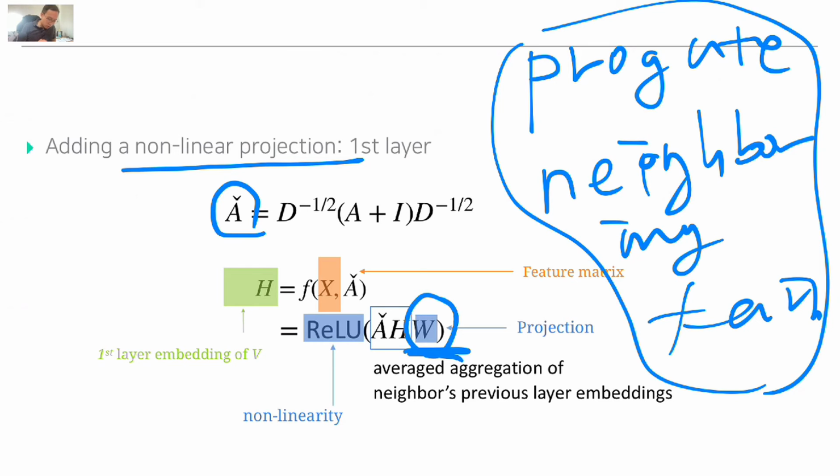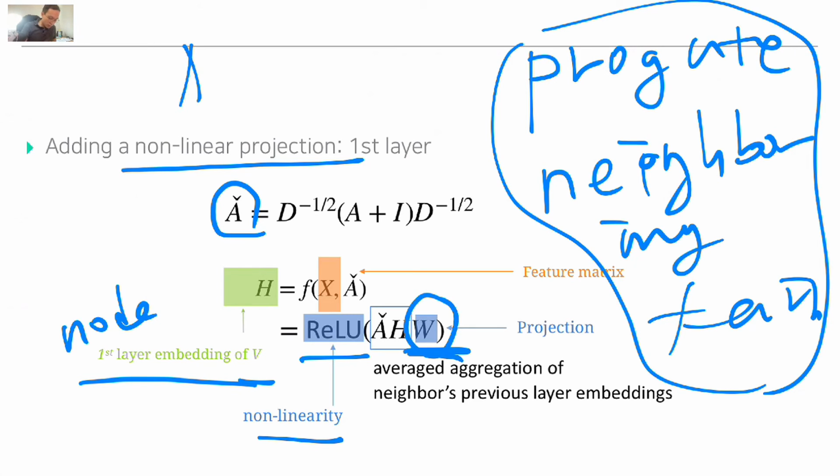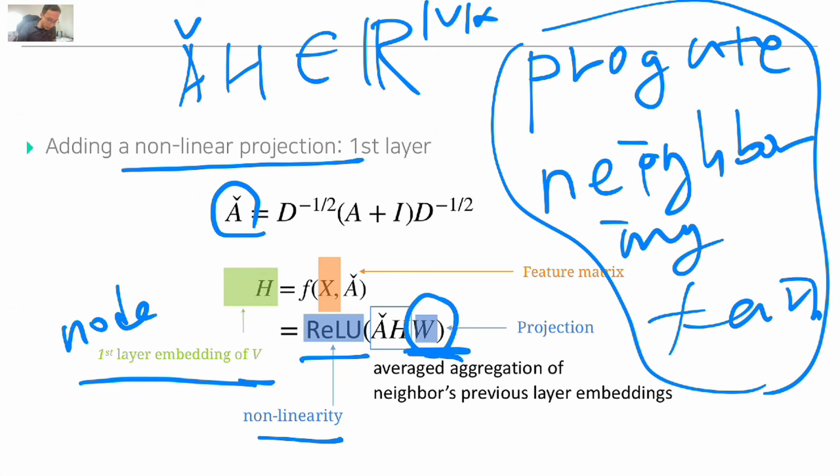And then we use a lambda function to add nonlinearity. And then finally we get the node embedding H. From the H, the dimensionality was V by F, right?